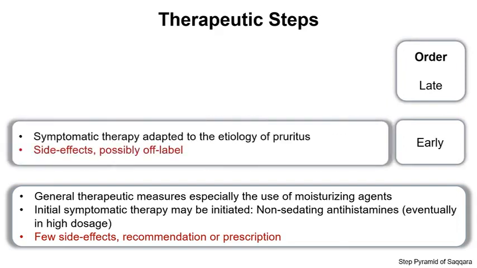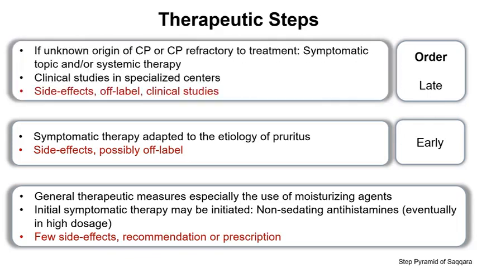Then we go to the next step. This is a symptomatic treatment adapted to the etiology of pruritus. There are studies, for example, for cholestatic pruritus. And when we identify that, we can treat them with rifampicin or anything else according to the guidelines. Here we have to be careful concerning the side effects, of course, but also we have the issue around off-label treatment.